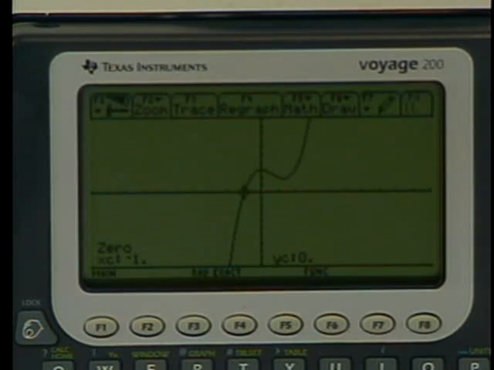Now, just one little comment. What kind of answers does it ask for in that problem? It asks for exact and decimal. Okay. It can't promise an exact answer when you use a graph. It'll be an approximation. I already figured it out using the calculator.